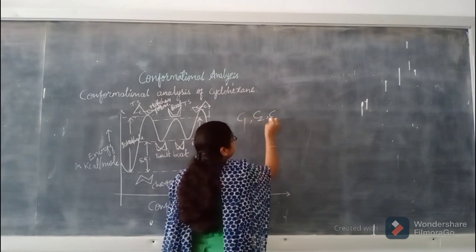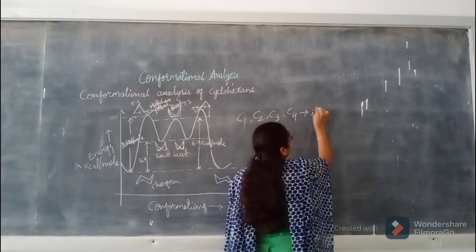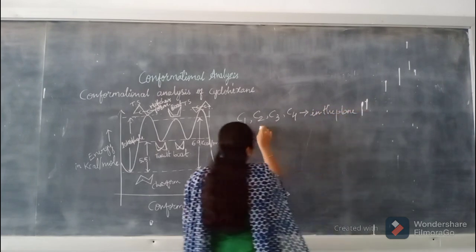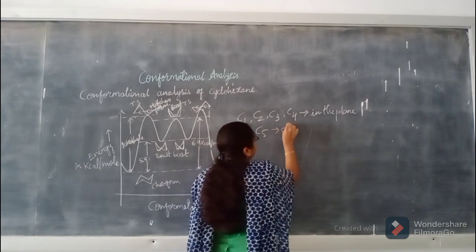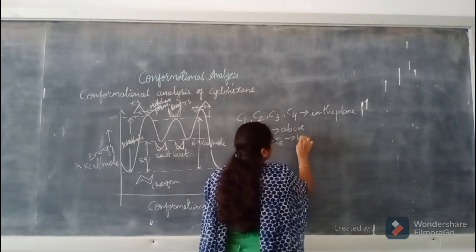that is, the first, second, third and fourth carbon in the plane, and fifth carbon above the plane and sixth carbon below the plane.